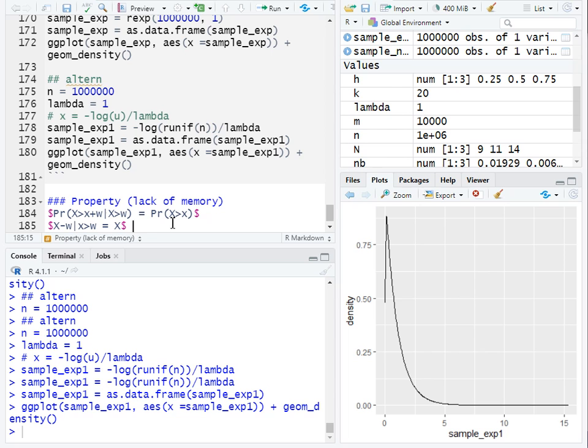So it has the same distribution. The geometric distribution has an equivalent property in discrete time for an observed number of trials or claims, and it is a consequence of the independence of the trials involved. So this is the exponential distribution.